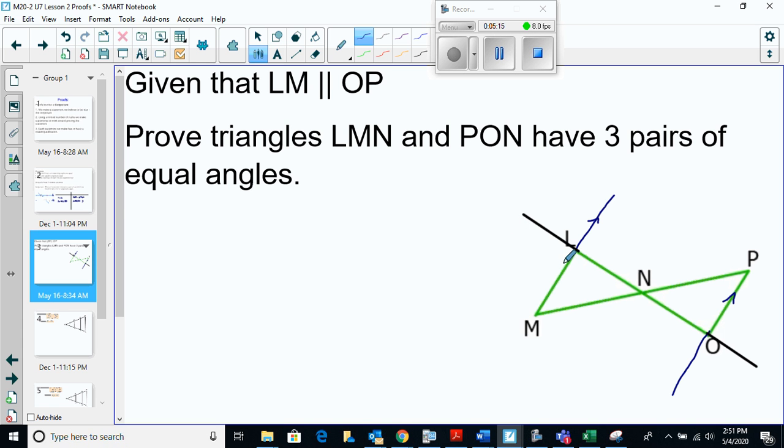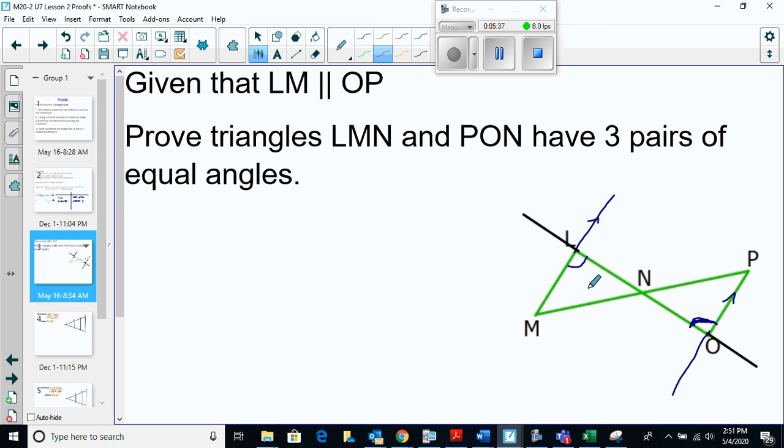So on the transversal line between those two parallel lines, we will have angle L equal to angle O as the alternate interior angles.